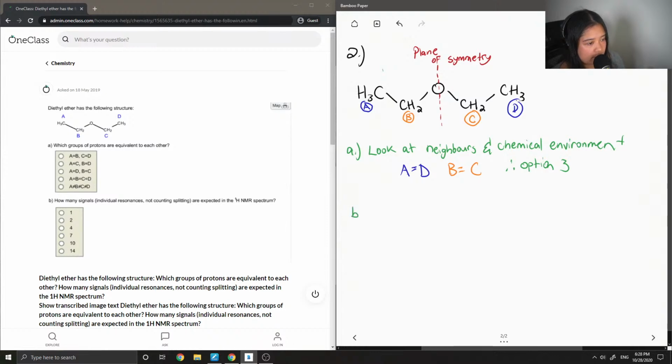Now let's look at the second part of the question. How many signals are expected in the H NMR spectrum? So we have 2 distinct sets of protons.